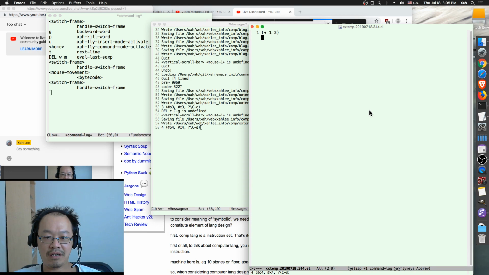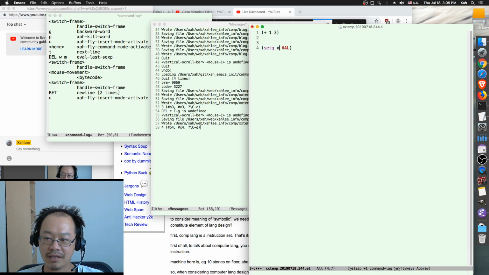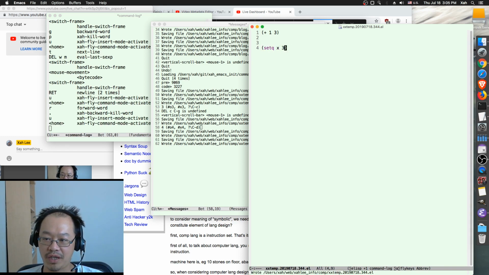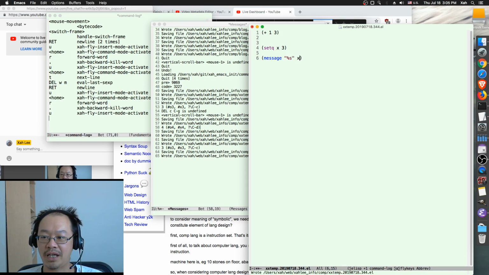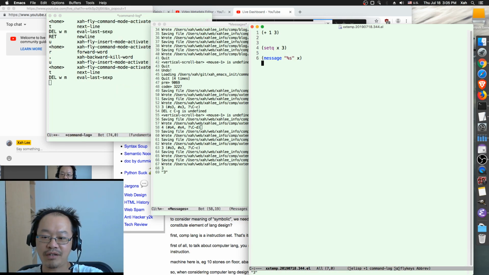That's Emacs Lisp. Now let's set x equal to 3. Evaluate it. It's done. Now let's message, which means print x. Evaluate it.